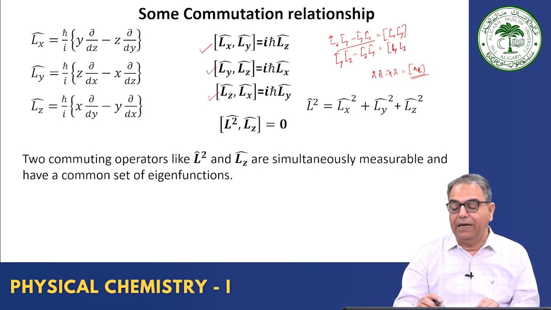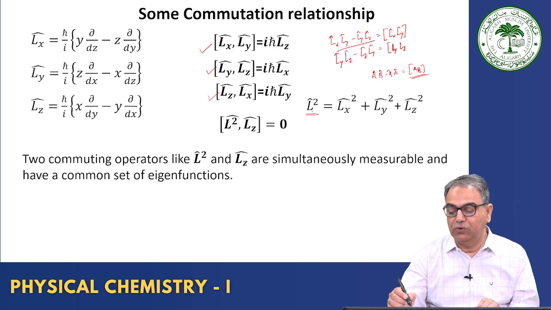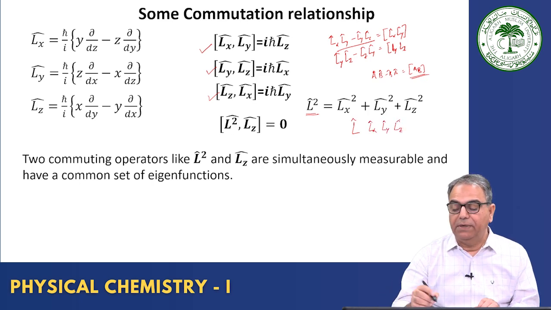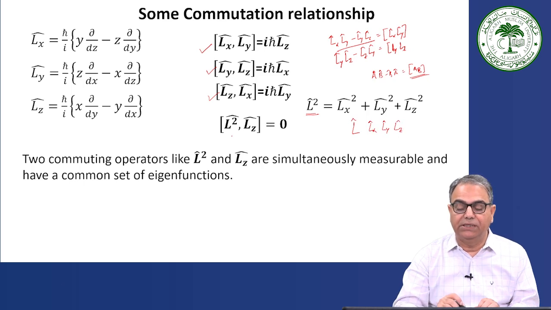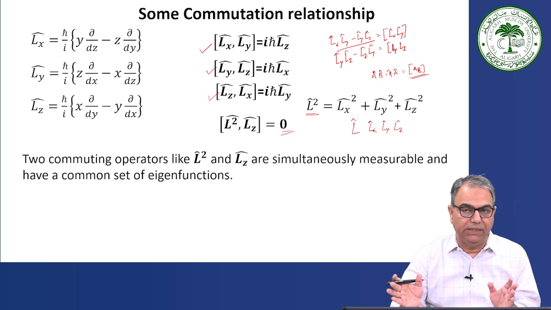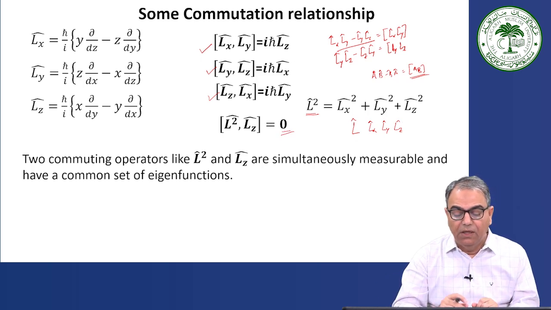Okay. And this is your total angular momentum, L square. L is the total angular momentum and Lx, Ly and Lz are the component angular momenta. But the commutator of L square with Lz gives you a 0 value. This we will prove when we talk about the angular momentum in detail. Okay. What does it tell you?